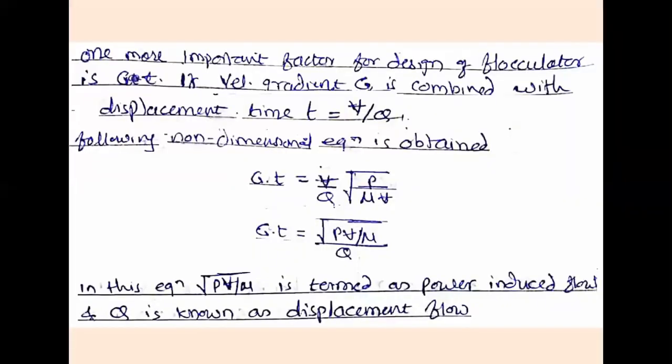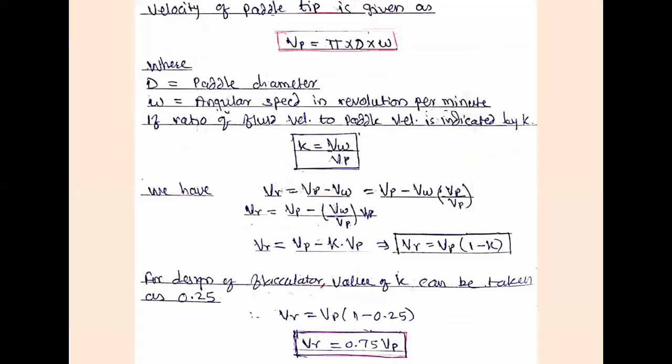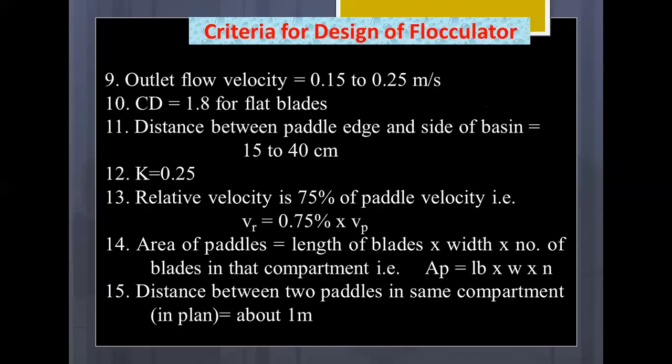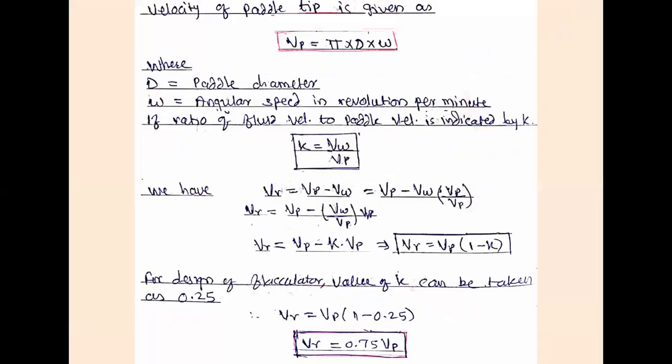What is k? Here we have seen what k is. k is nothing but the ratio of fluid velocity to the blade velocity, 0.25. Relative velocity is 75% of the paddle velocity, that is Vr is equal to 0.75 of Vp. So that also we have seen there.